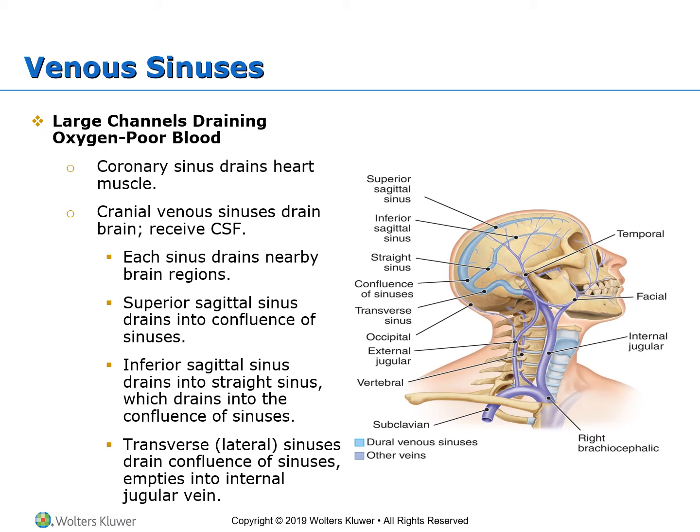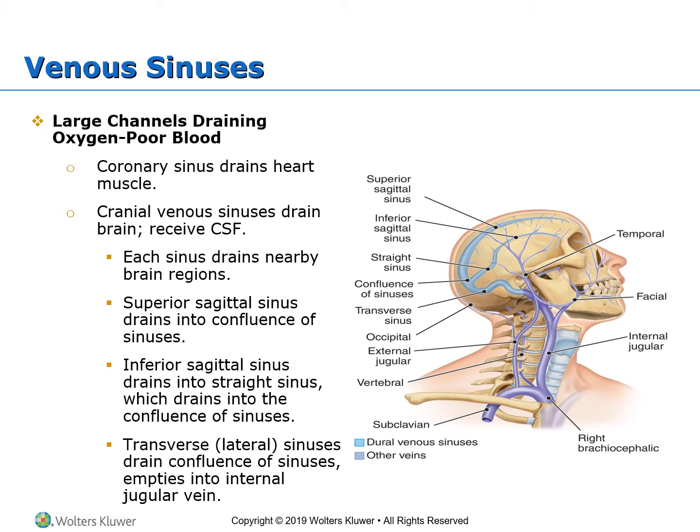However, when we look at the cranial venous sinuses, they will be placed in between the two layers of the dura mater. If you remember, dura had two layers, one that was tightly connected to the periosteum of the skull, and one that was the layer covering the arachnoid space.